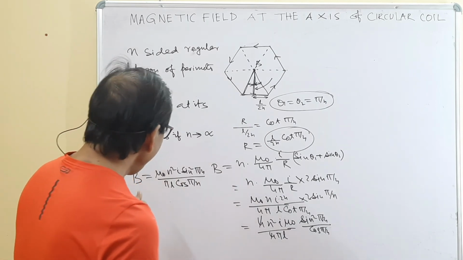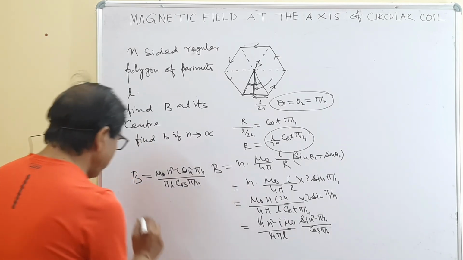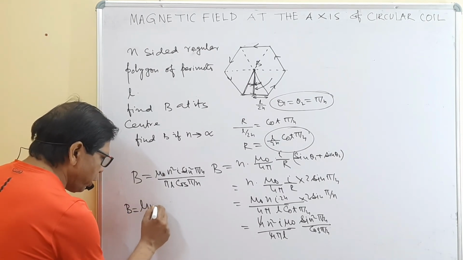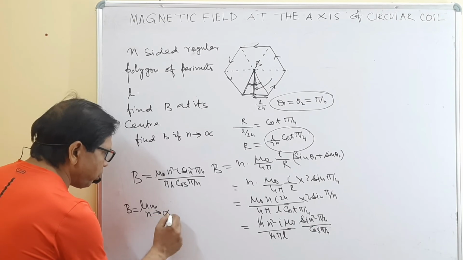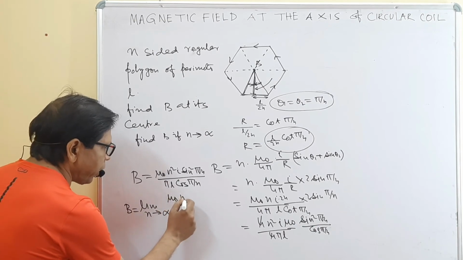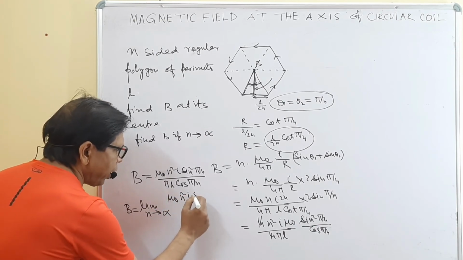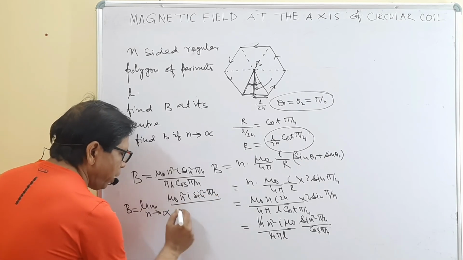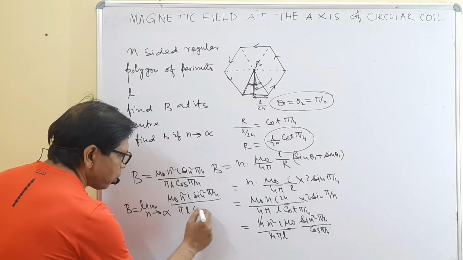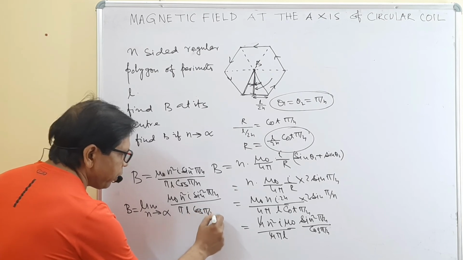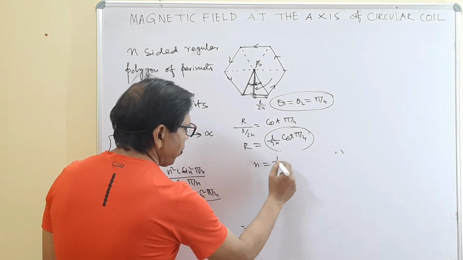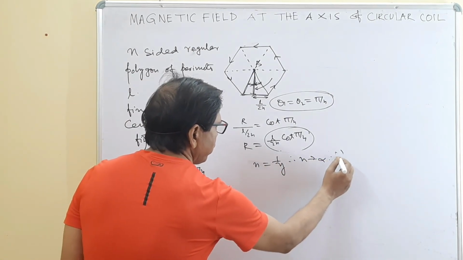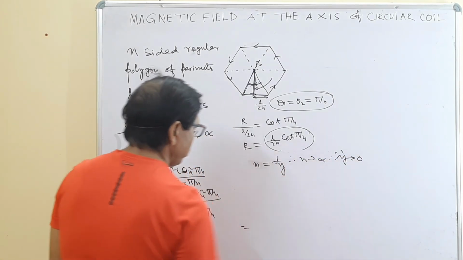Now we have to calculate the magnetic field B when the limit n tends to infinity, of mu naught n square I sine square pi by n divided by pi L cos pi by n. Let n equal 1 by y. Therefore when n tends to infinity, y tends to 0.